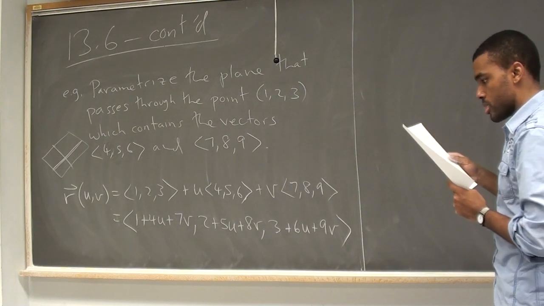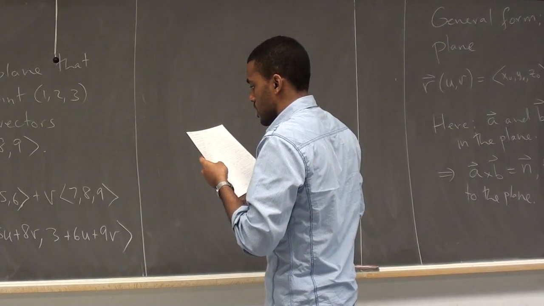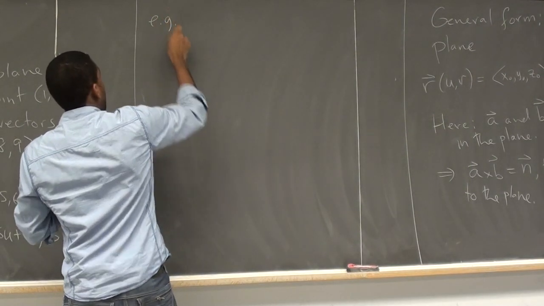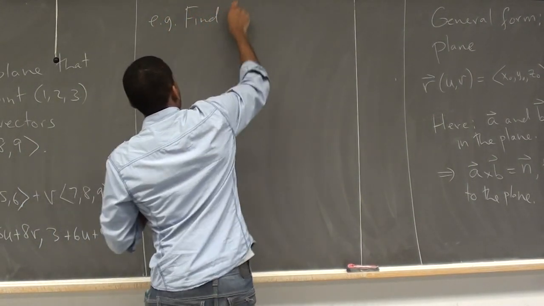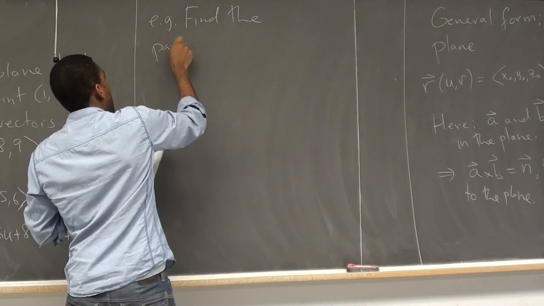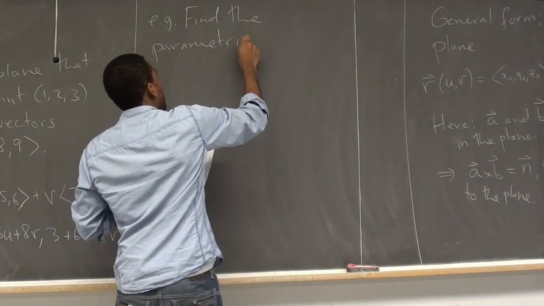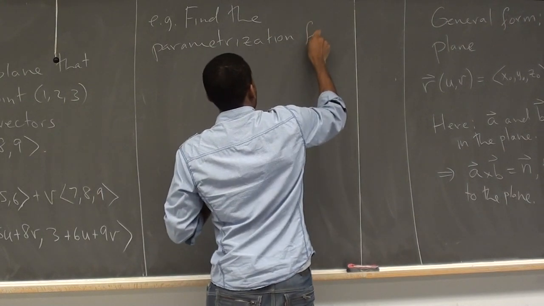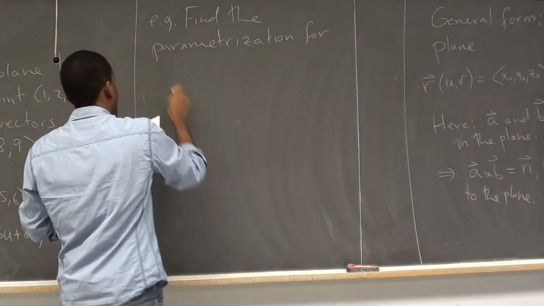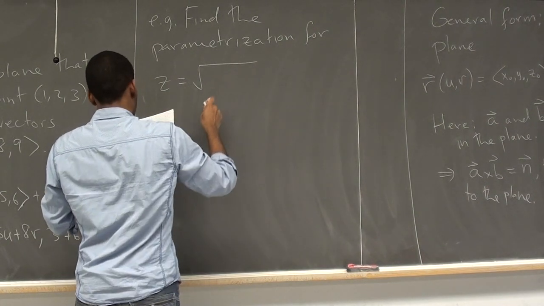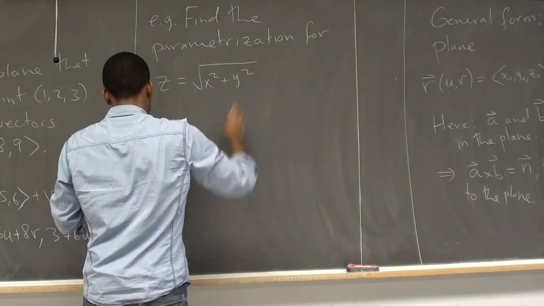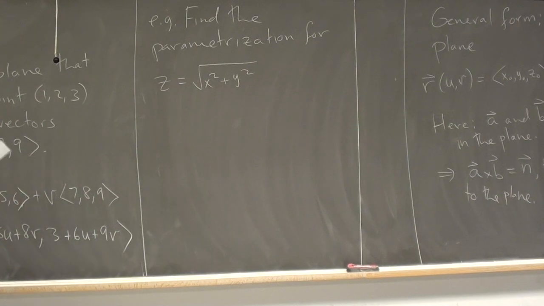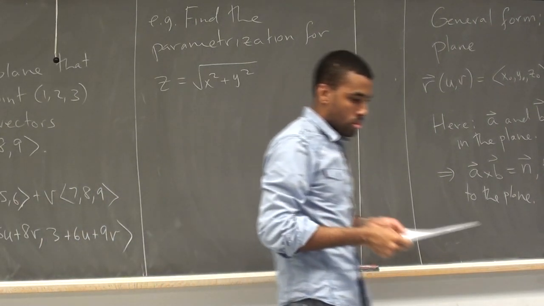Let's see here, what else? So let's do an example here. Find the parameterization for... It's the top half of the sphere.